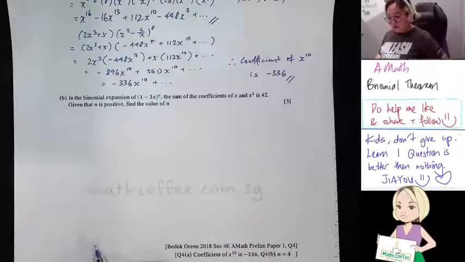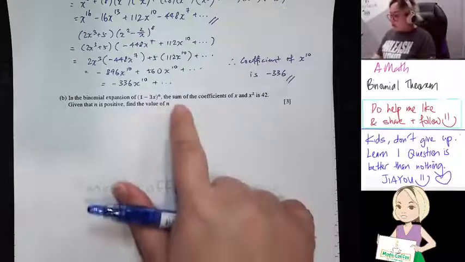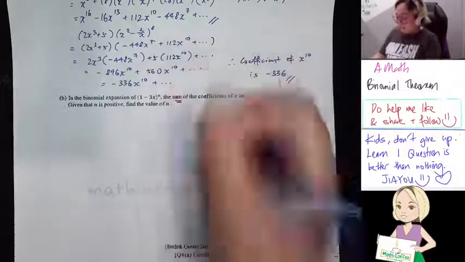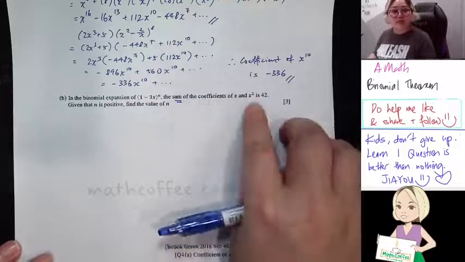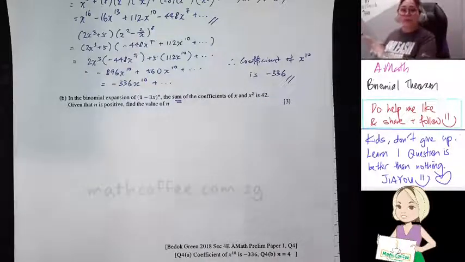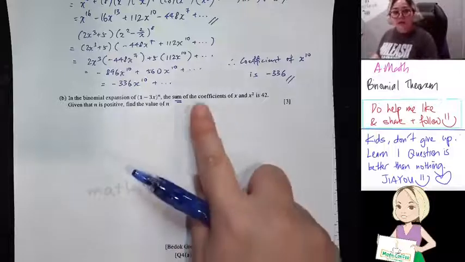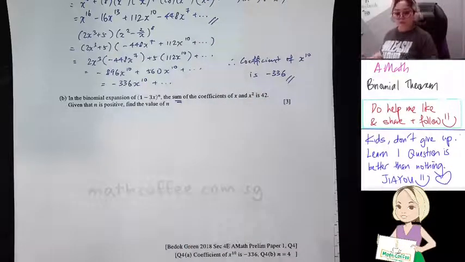So this is not an easy one. And the next thing is, they use the word the sum. Okay, the sum of the coefficient of x and x squared is 42. Most of the time they will ask you to find the coefficient of what is what. But now it is the sum of the coefficient of these two, it's 42.